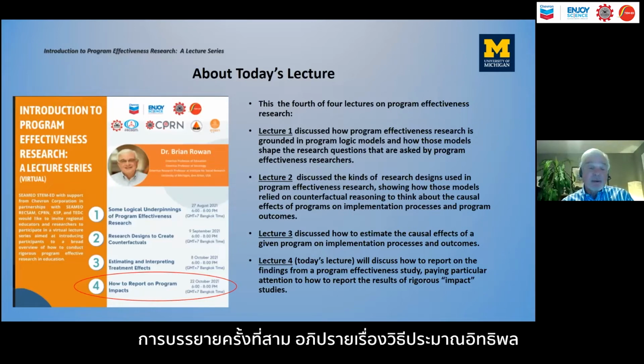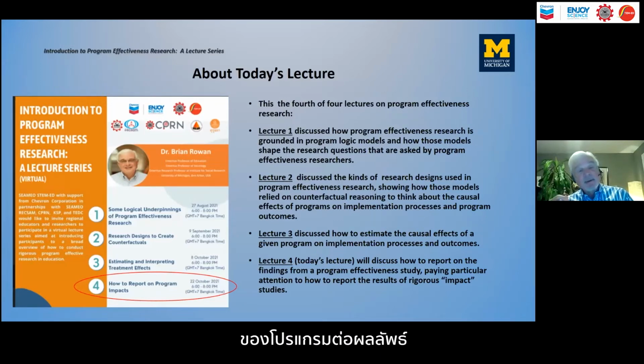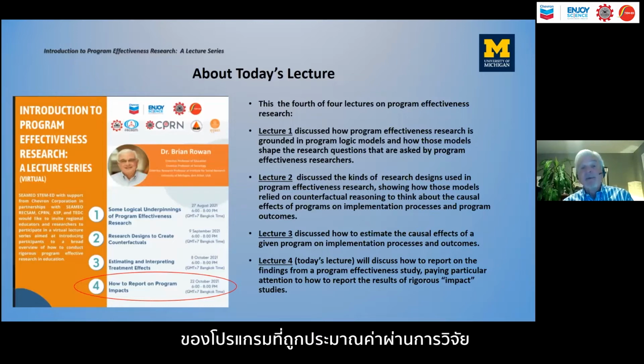Lecture 3 discussed how to estimate various kinds of causal effects of a given program on outcomes and also on implementation processes. And today I'm going to discuss how to report about the program impacts that are being estimated through research.